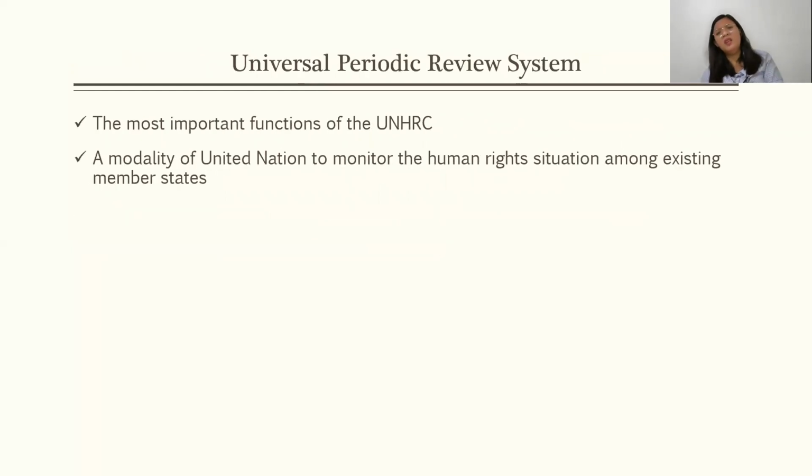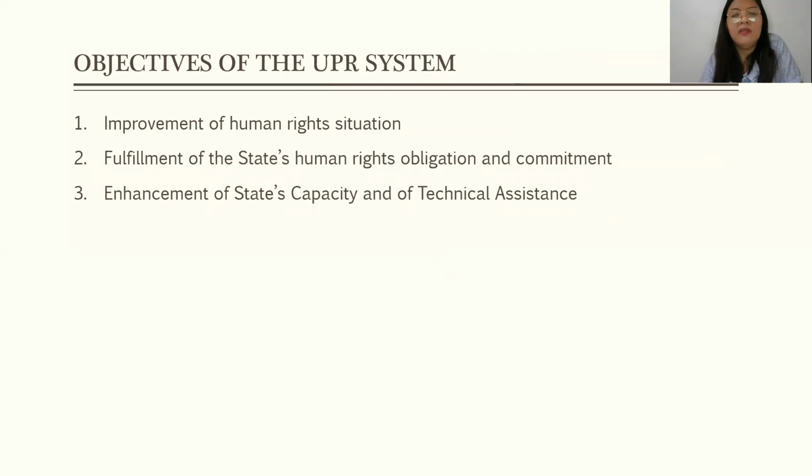So what is the Universal Periodic Review? This is the most important modality of the UNHRC. It is the way for the United Nations to monitor the human rights situation of the member states. And the objectives, of course, always root in the improvement of the human rights situation.